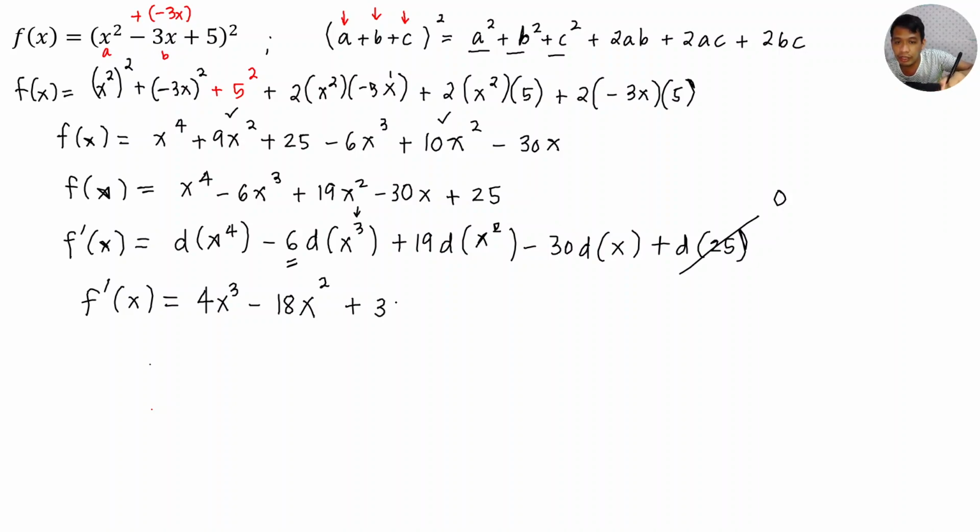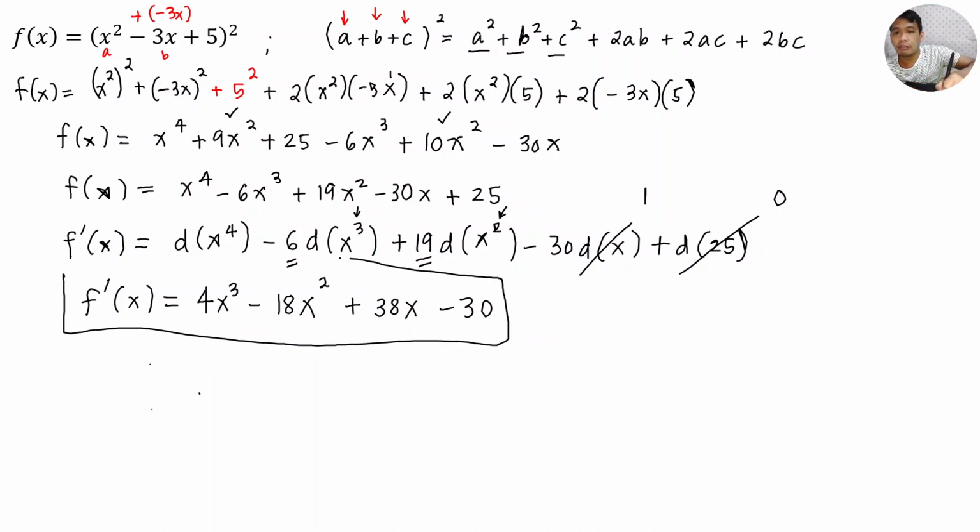Plus 38, because 19 multiplied by our exponent 2 is 38, then subtract 1 from 2, that is 1. Minus 30, because the derivative of x is 1. So now we have f prime of x is equal to 4x cubed minus 18x squared plus 38x minus 30. So this will be our final answer here.